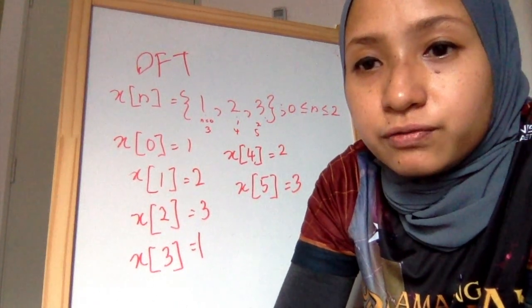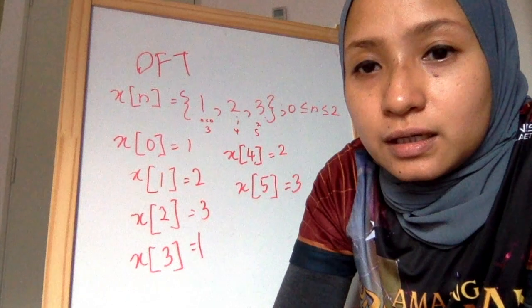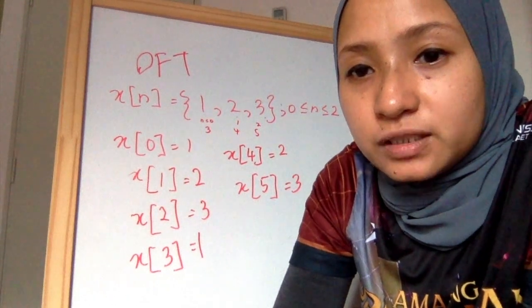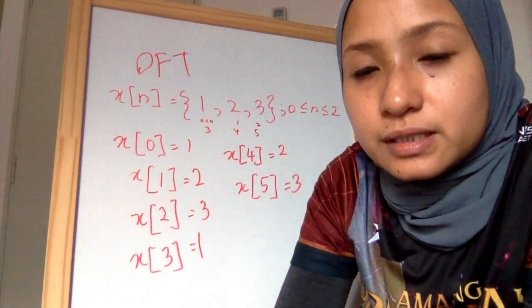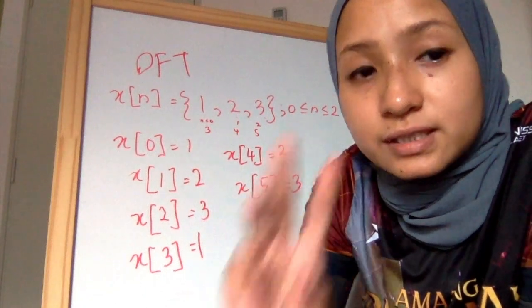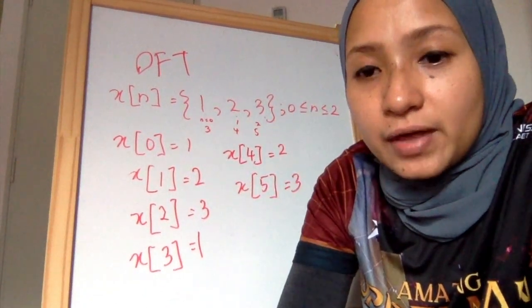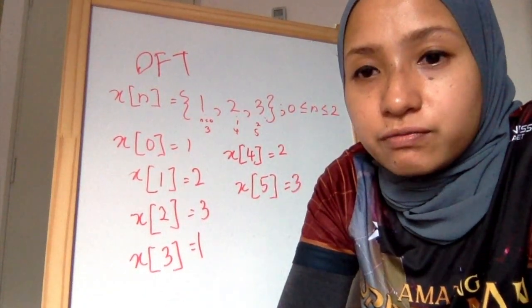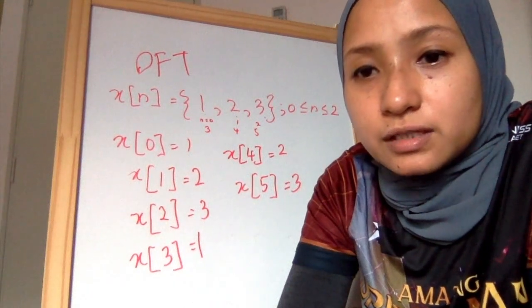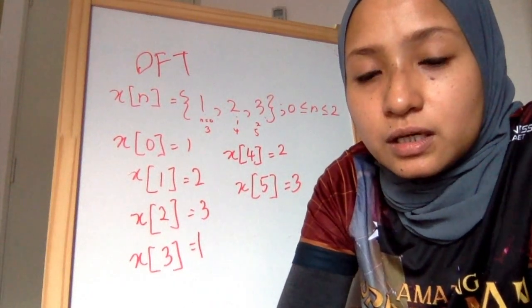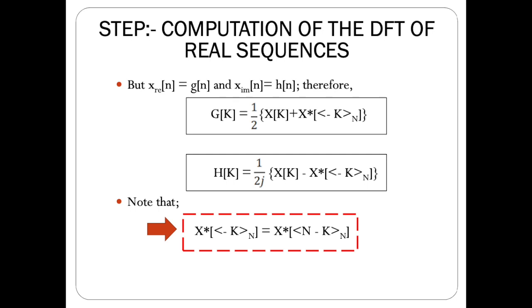After you find the real and imaginary sequence, this is meant for step number 3. Then after you find the conjugate symmetric and conjugate antisymmetric parts, you need to find what is your Gk and what is your Hk.